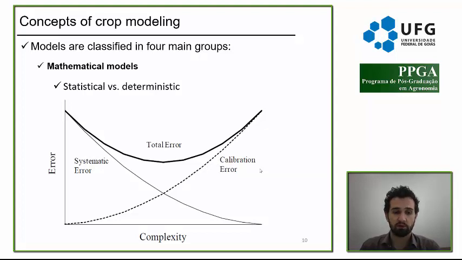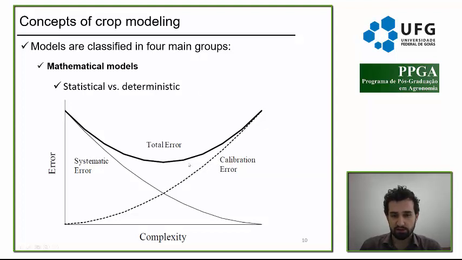And this occurs because I can't measure most of these variables. For example, how can you measure the cost for the crop to make photosynthesis at a very specific, small level? We cannot measure this very easily. So because of this, we have this error associated with calibration.